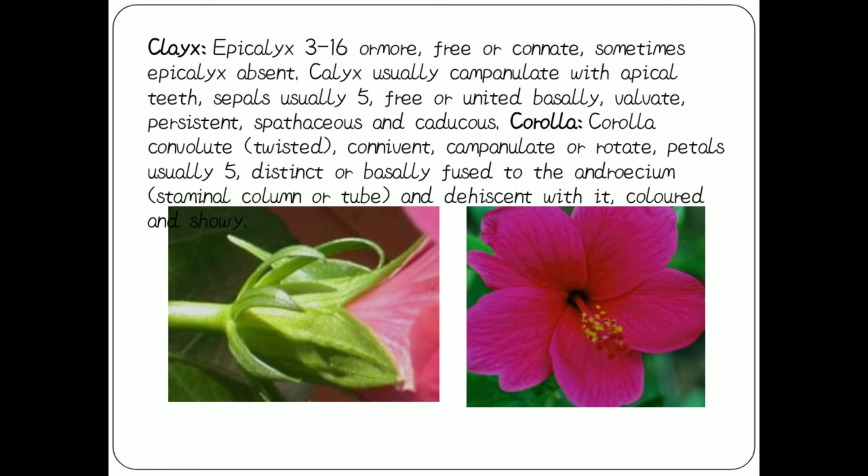Sepals are nothing but calyx. They are free or united basally, valvate aestivation. Corolla is twisted. Complete flower. Petals usually 5, distinct or basally fused to the androecium, with dehiscence and color.